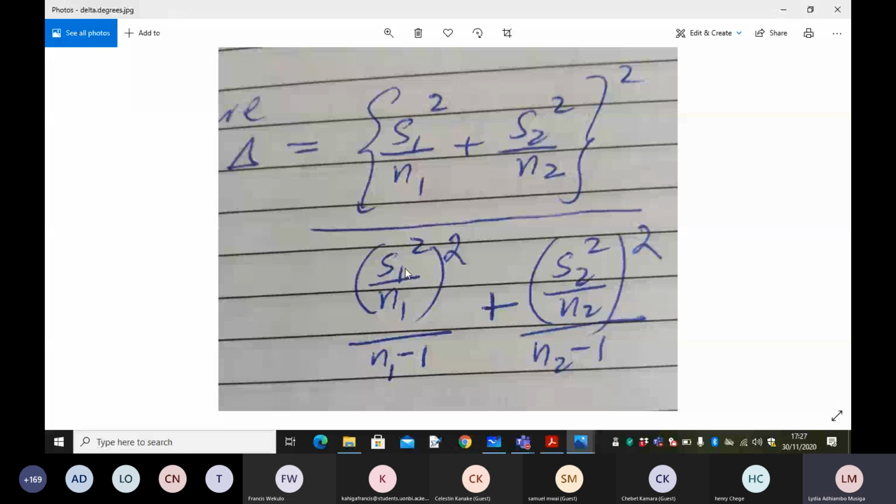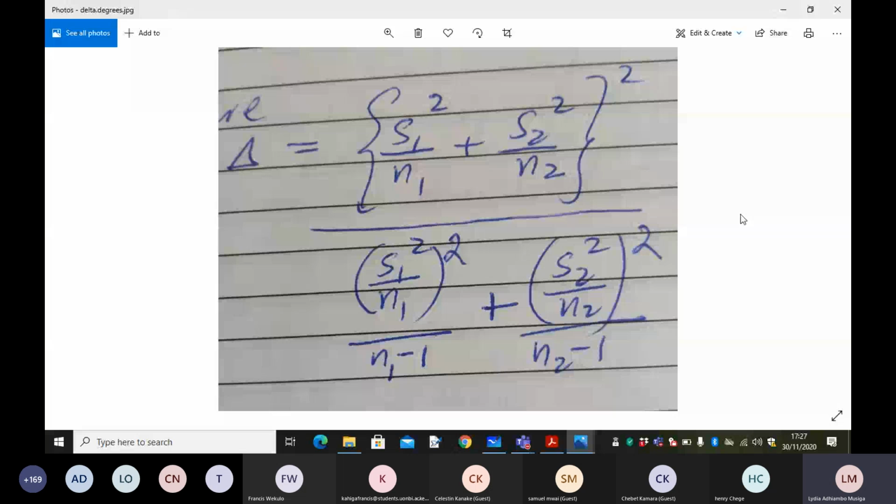84.7 squared divided by 14 quantity squared over N1 minus 1. This will be 13, plus S2 squared, 38.2 squared, divided by 6 quantity squared, and then N2 minus 1 will be 6 minus 1, which is 5.